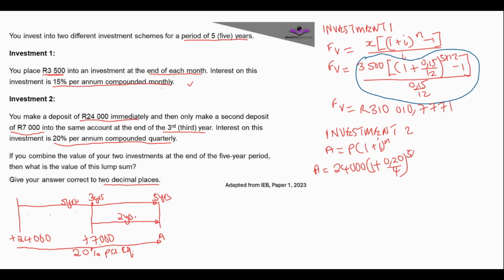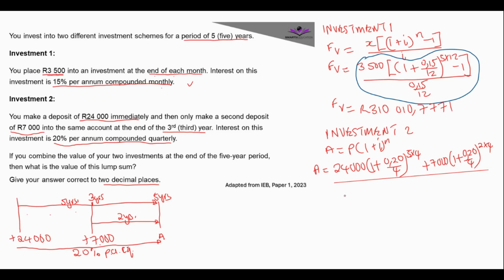So it's 5 times 4. That's the 24,000 done for the whole 5 years. Then plus the 7,000, which is going to be in the bank for 2 years. Then 7,000, then 1 plus 0.20 divided by 4. And then for 2 years, it's going to be 2 times 4. And then you just put this thing in the calculator as it is.